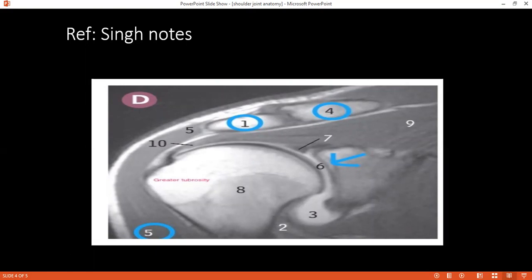And the injury to the axillary nerve presents by what? It presents as failure of abduction from 15 to 90 degrees. And also there is loss of sensation on the badge area of the shoulder.